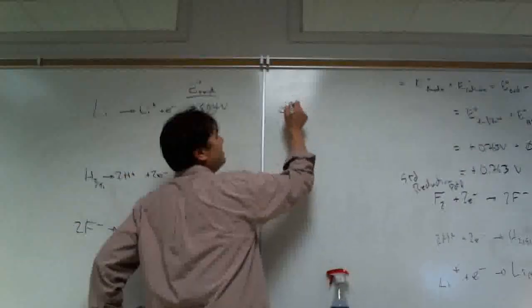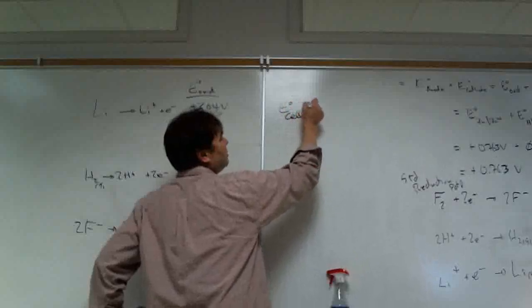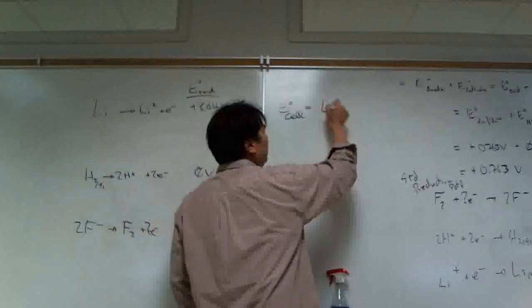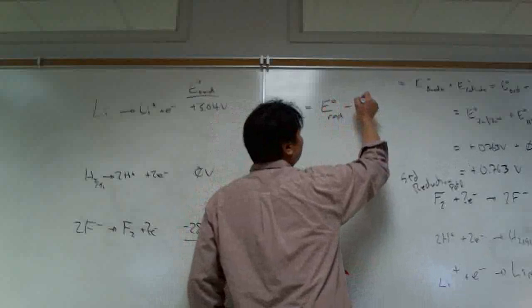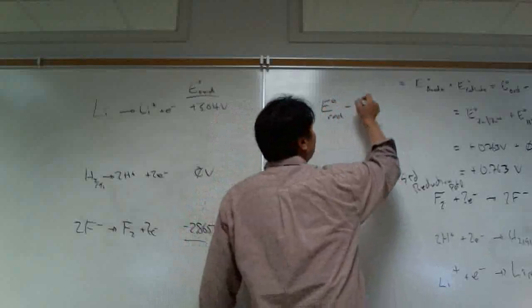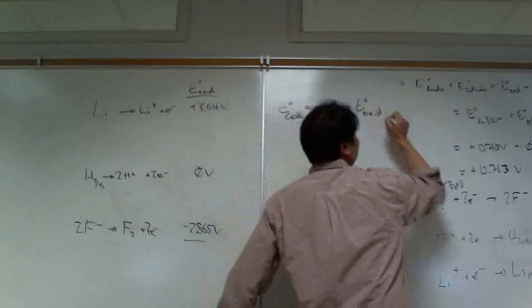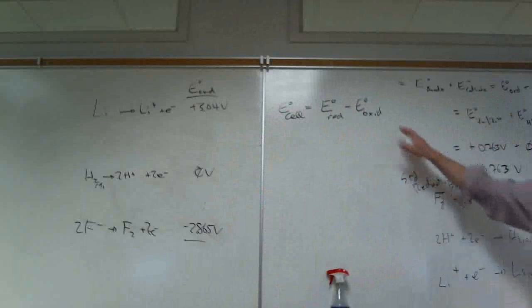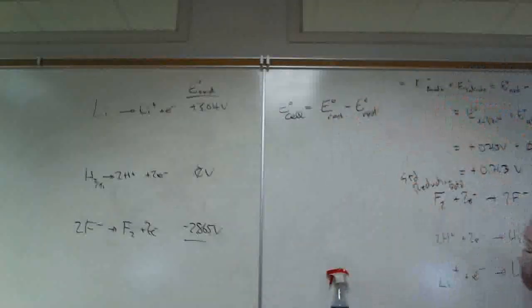What he does is he says that E of the cell is equal to E naught reduction minus E naught reduction.